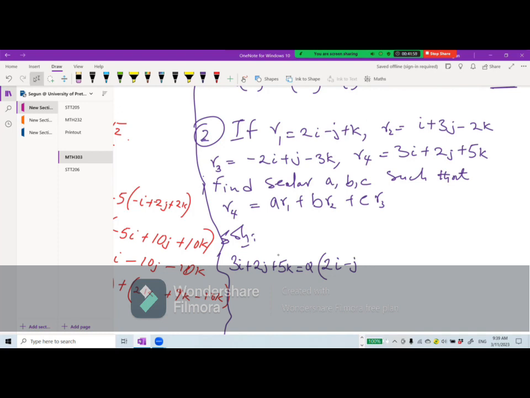2i minus j plus k, plus b in brackets negative 2i plus j minus 3k.